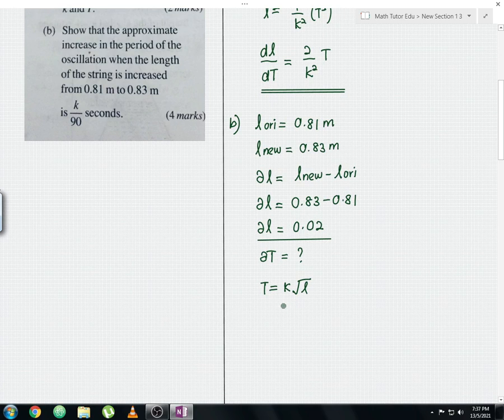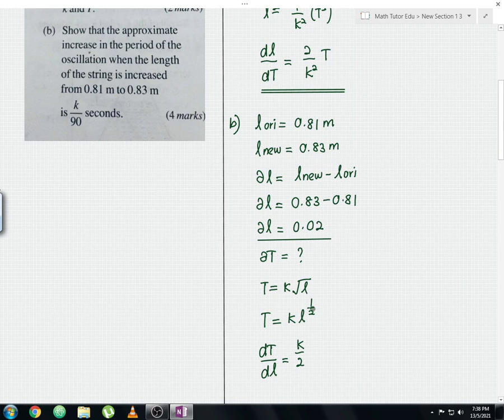From here, t will be equal to k L to the power of 1 over 2. At least it will be easier for you to perform the differentiation. So from here, dt over dL will be equal to 1 over 2k. You can write 1 over 2k, or k over 2 also can, but I wish to write k over 2, at least it will be easier for us.